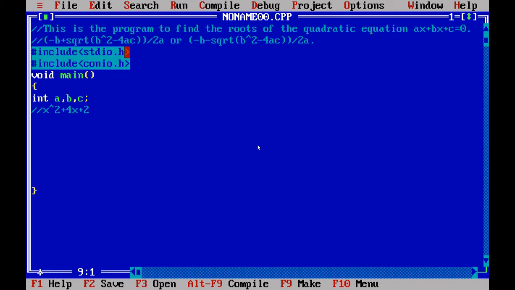Next we can give clrscr to clear the content of your output screen.